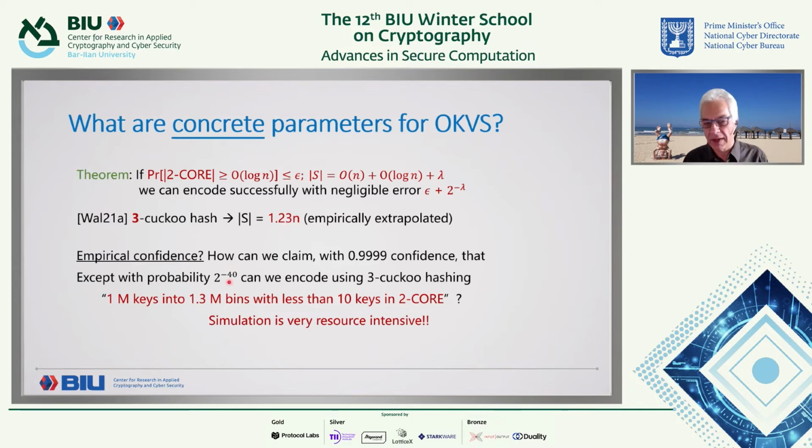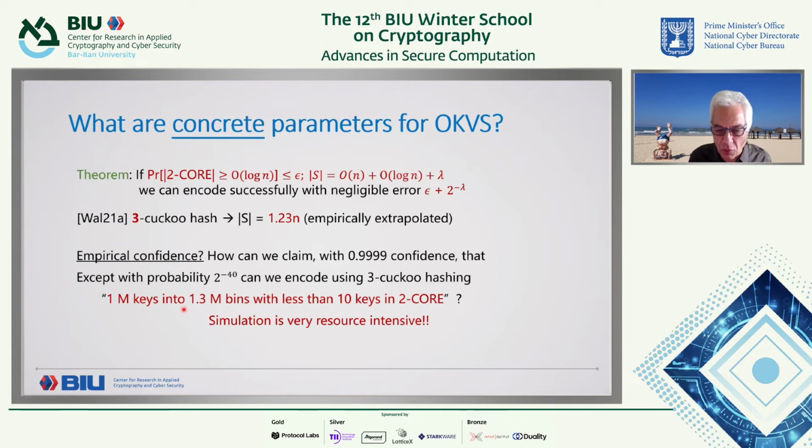So one might say, let's run a simulation to find whether you get this small failure probability. The problem is that if you want to run a simulation to verify a 2 to the minus 40 failure probability, you have to run at least 2 to the power of 40 experiments. And this is 1,000 billion experiments, each one of them running a million items.